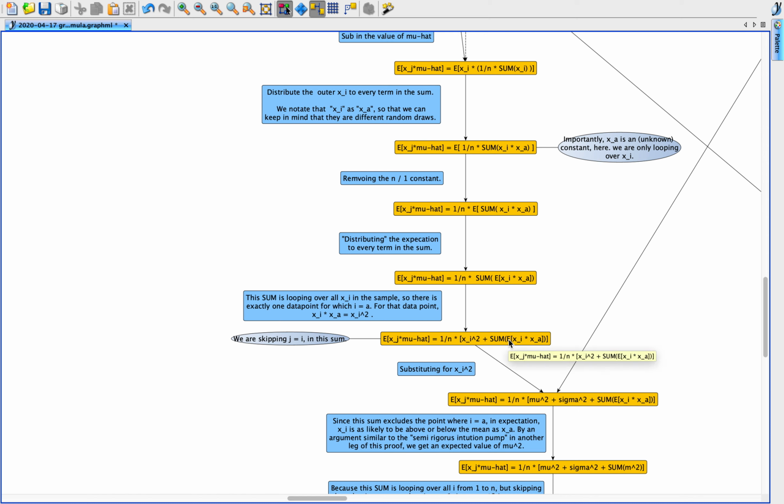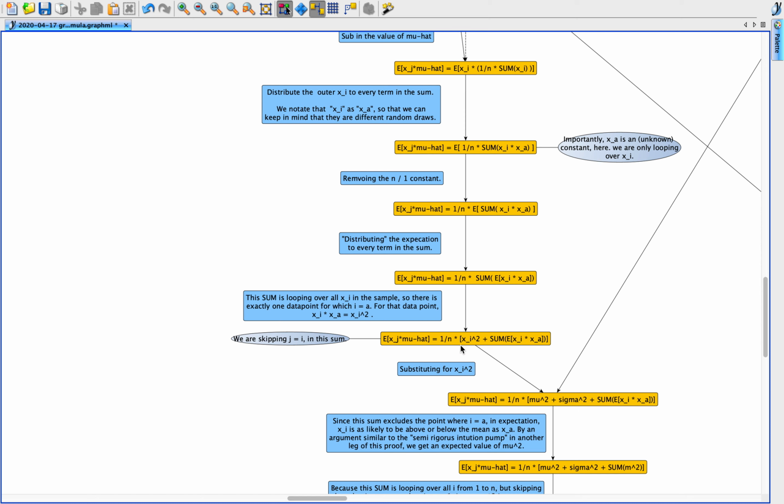So in this sample we took one data point, and we're multiplying that random data point by all of the other data points in the sample, including itself. So there's exactly one data point for which i equals a, and for that data point, xi times xa equals xi squared. We could also say xa squared. And so we're going to factor that one out.